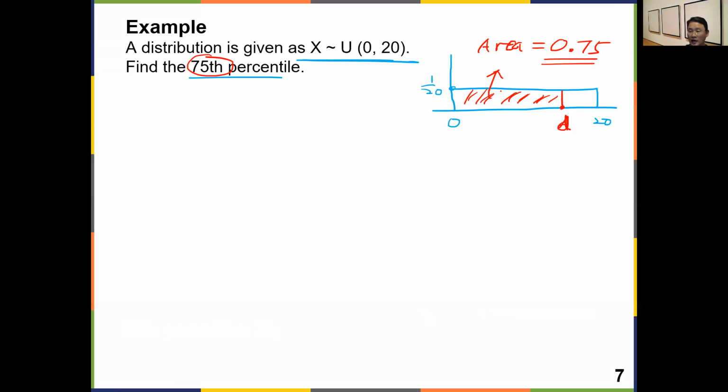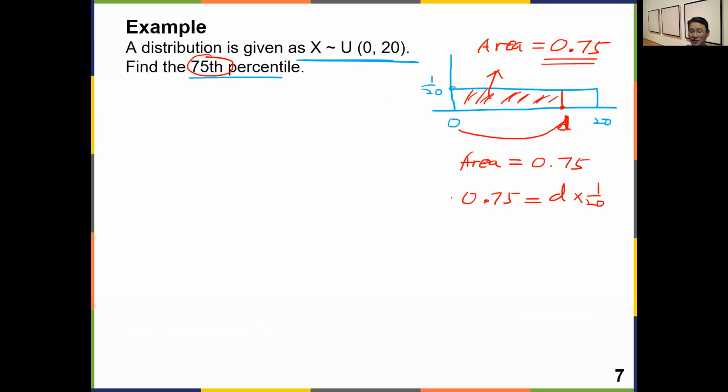So how do you find this area? The base times the height. So this area must be 0.75, right? So 0.75 must be equal to this base width, or the length, which is just D minus 0, which is D, times the height 1 over 20.